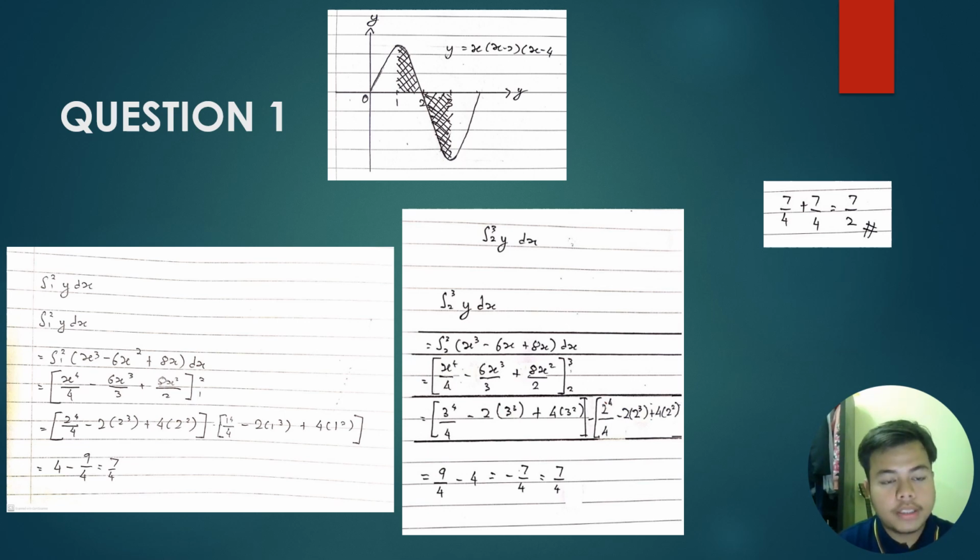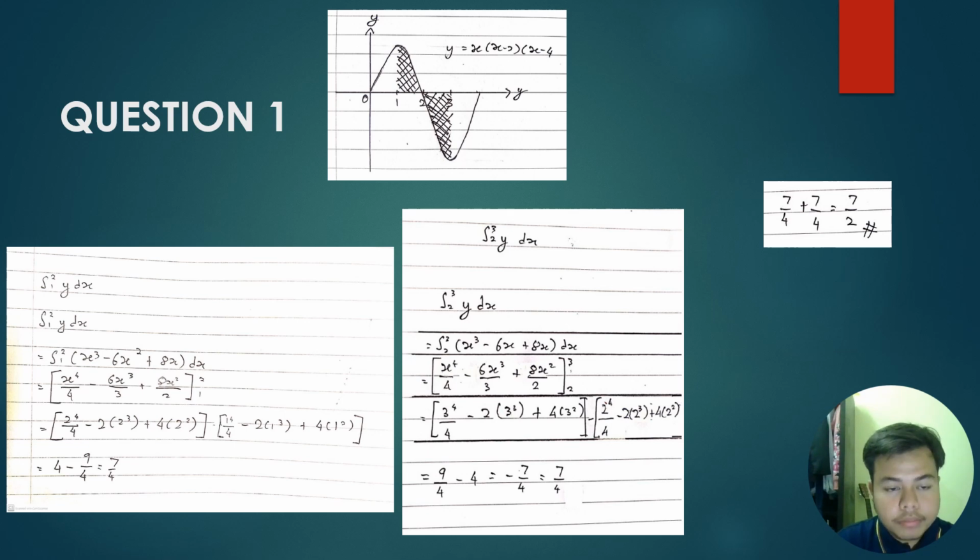First step, for the first shaded region, integrate 1 to 2 y dx. We start with integrate 1 to 2 of the bracket x to the power of 3 minus 6x squared plus 8x close bracket dx.